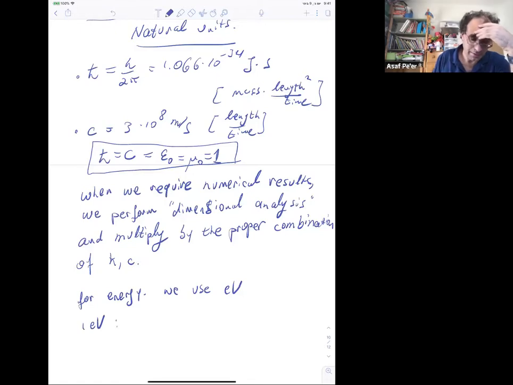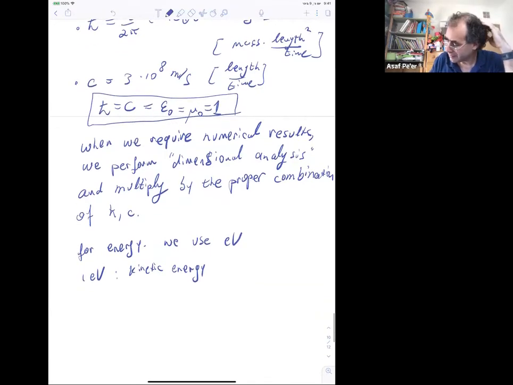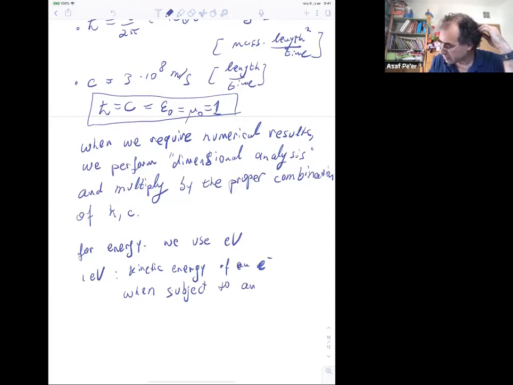This is basically the kinetic energy of an electron when subject to an electric potential of 1 volt.